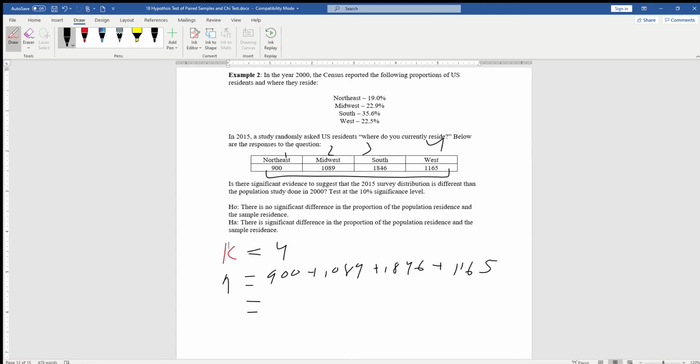I'm going to stick that in my calculator, and I end up with 5,004. It's an odd number. Let me check that again just to make sure I didn't make a mistake.